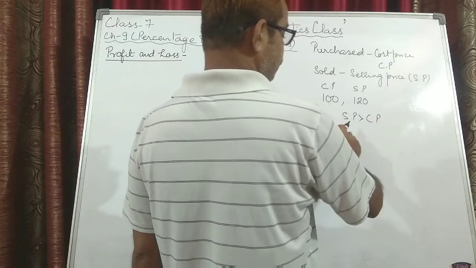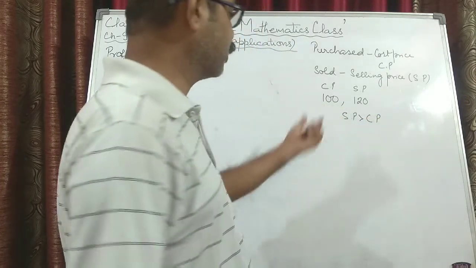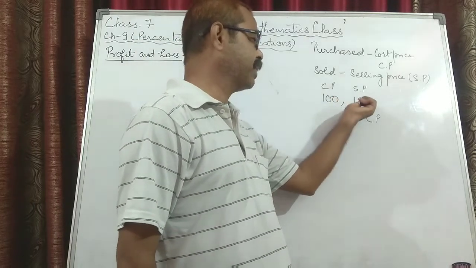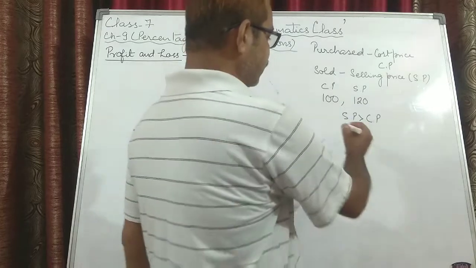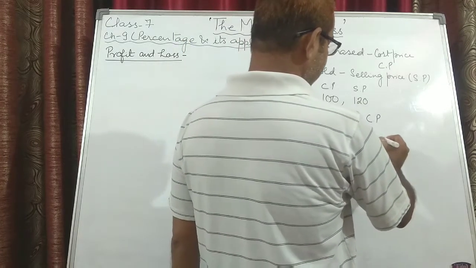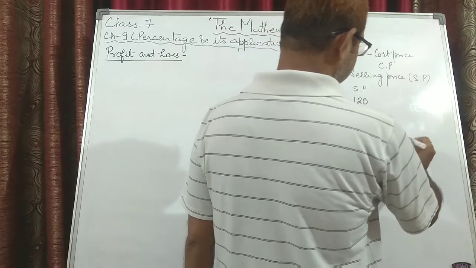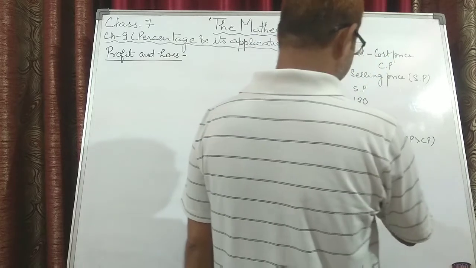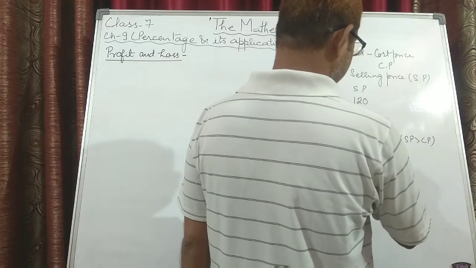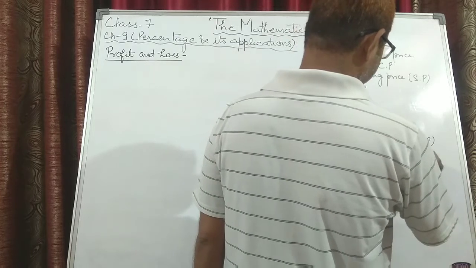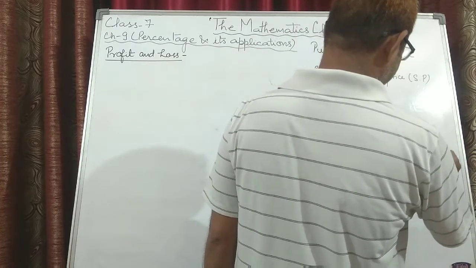It means I will have a profit because I spent 100 rupees but I am getting 120 rupees. So profit is always selling price minus cost price when selling price is greater than cost price. And similarly, loss is cost price minus selling price when cost price is greater than selling price.